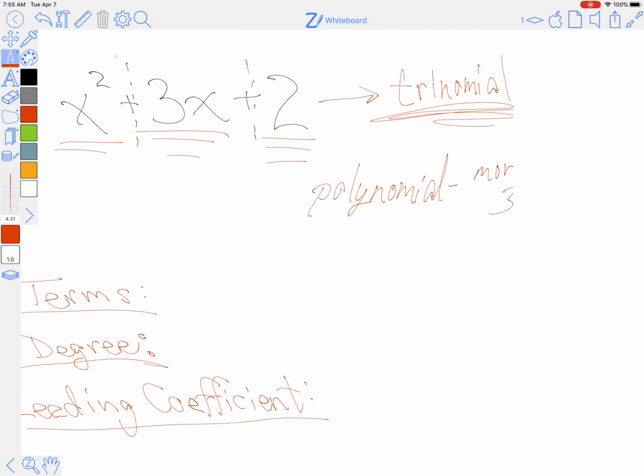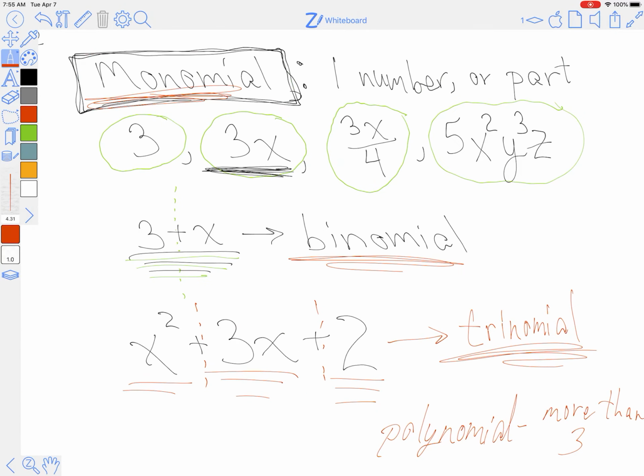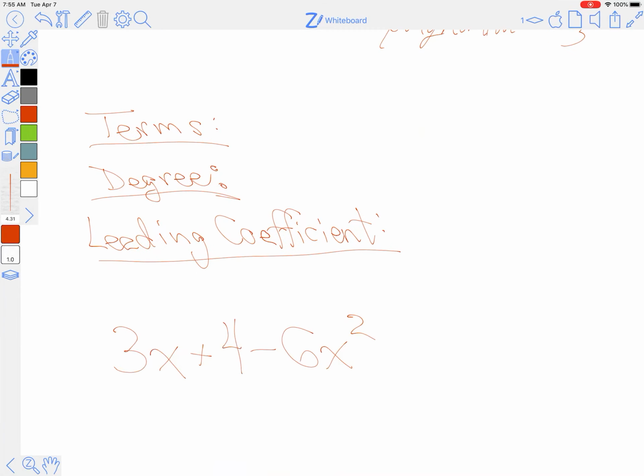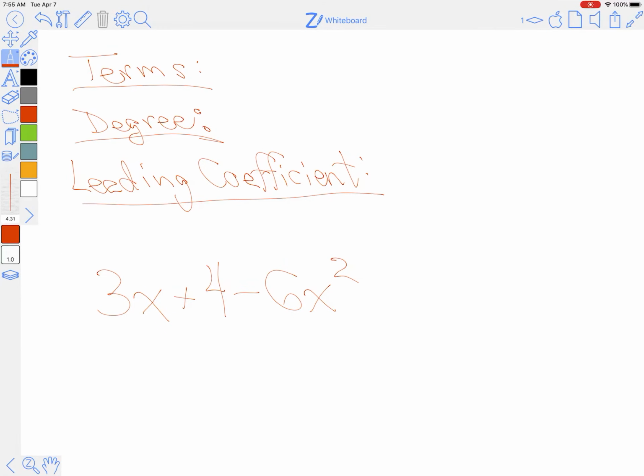Well, talking about what we just talked about here, I had monomial, binomial, trinomial. How many parts do you see here? I see the 3x, I see the 4, and I see the negative 6x squared. So there are 3 parts to that, which means there are 3 terms. The degree is going to be the highest exponent that you see on a variable.